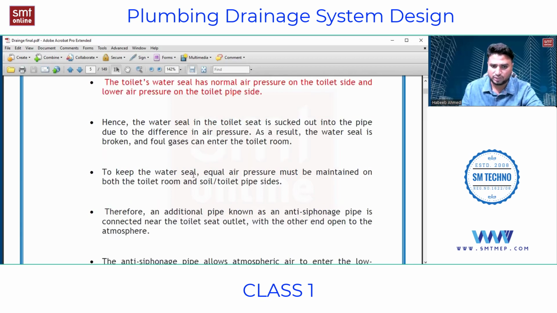To keep the water seal, equal air pressure must be maintained on both the toilet room side and the toilet pipe side. That means if you need to keep a water seal, you need to maintain normal or equal atmospheric pressure on both sides, the toilet area side as well as the soil pipe side, I mean the vertical pipe side.